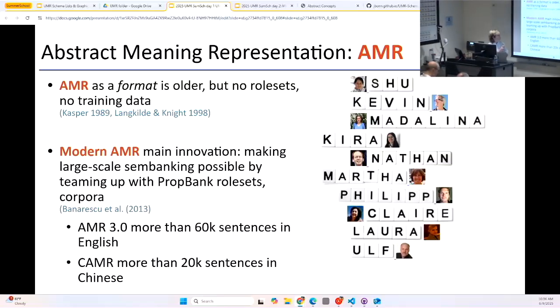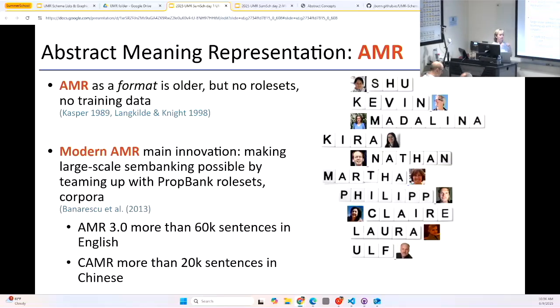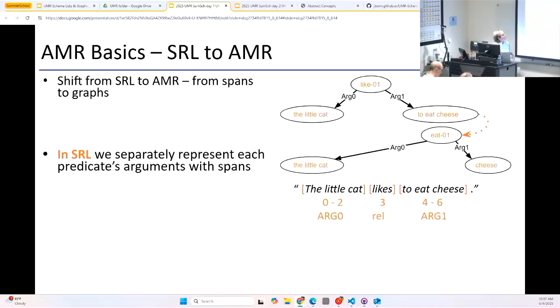So it was really successful at proving that larger-scale sembanking is possible. I think the 3.0 release has about 60,000 sentences for English. Chinese AMR has more than 20,000 sentences. It's probably much more than this now because so many different people are doing it, but that's just the LDC release.